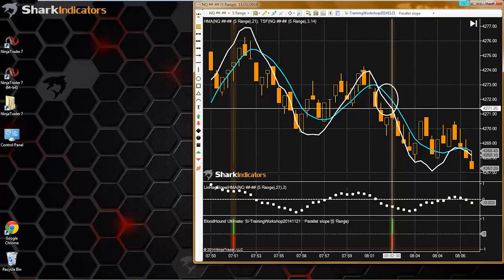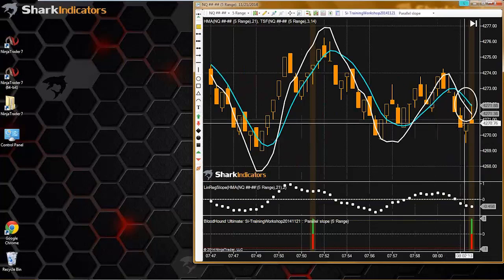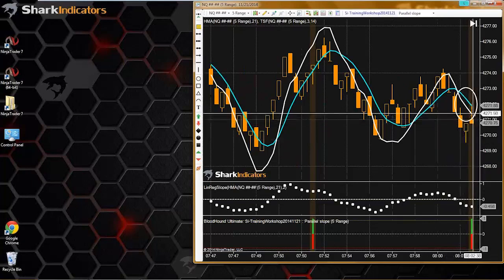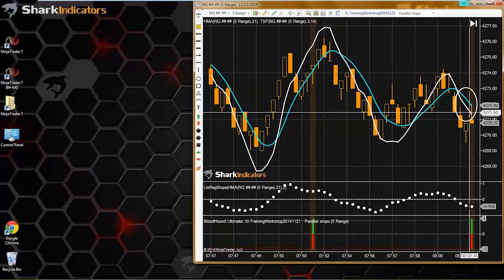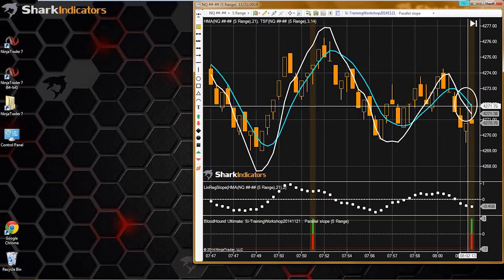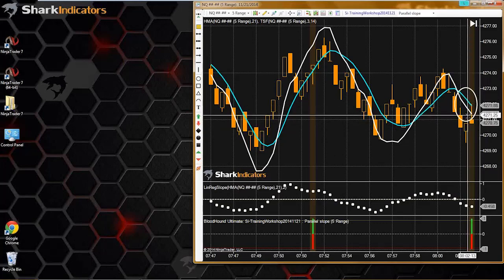So remember, when you're looking at a slope, you're looking at the current bar and looking back one bar. So a slope requires 2 bars, and so we can see that between these 2 bars, these two moving averages were essentially parallel.